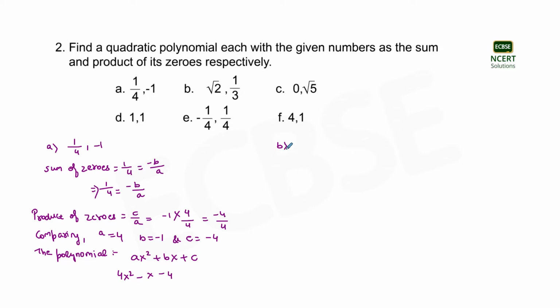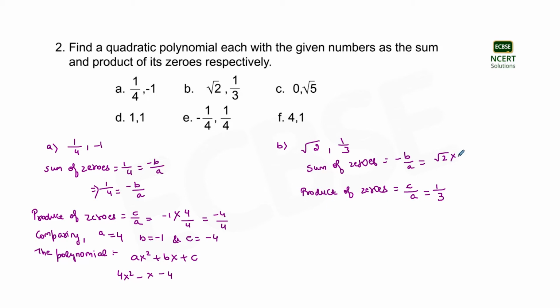Now coming to the B part of the question, here the numbers provided are √2 and 1/3. Since the sum of zeros is equal to -b/a, which is equal to √2, and product of zeros is equal to c/a, which is equal to 1/3 in the given question.